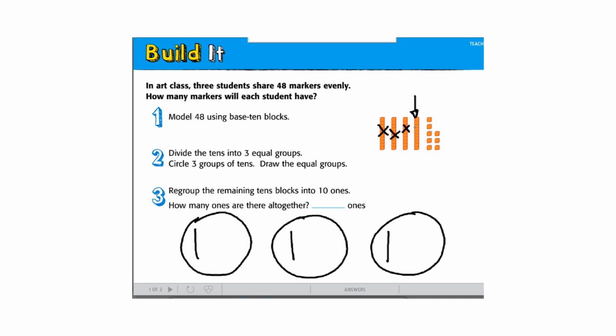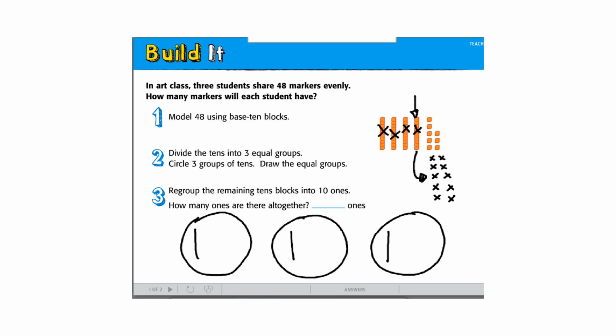So we're taking this, and instead of this, it's going to be this. I'm going to draw them as little X's down here. 1, 2, 3, 4, 5, 6, 7, 8, 9, 10. So that changed into that. So I can't take a whole long and put it there because I'm only dividing them amongst 3 people and they have to be even.